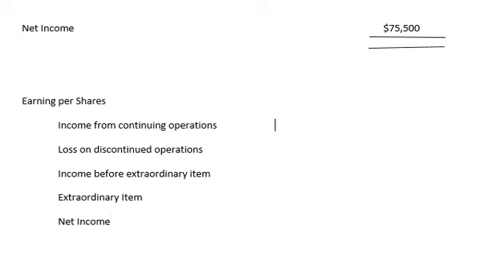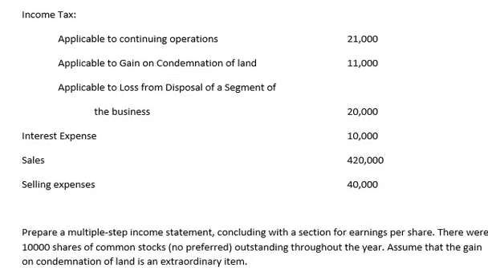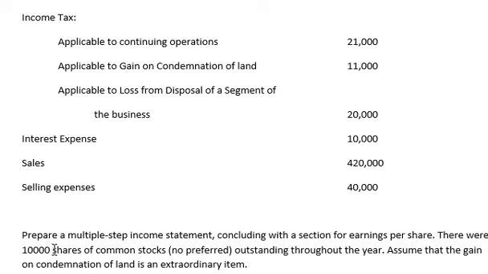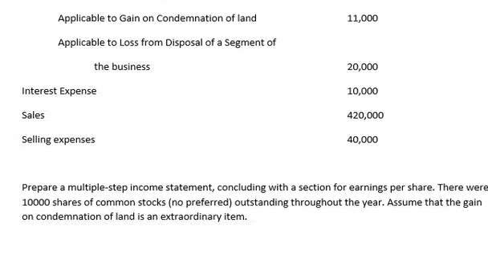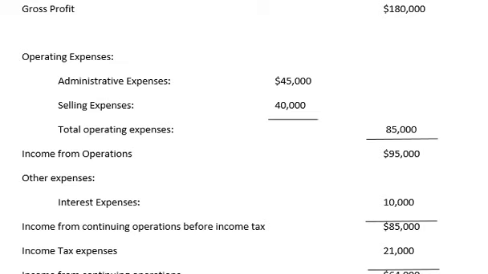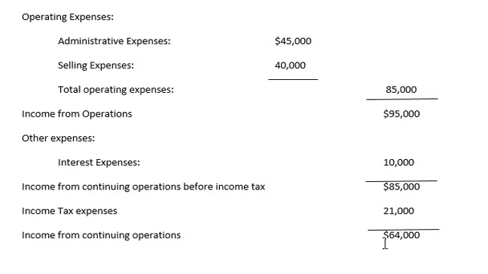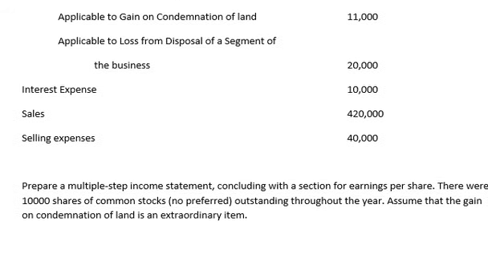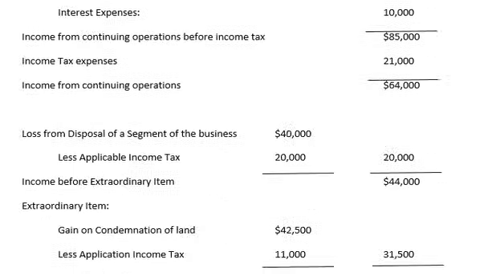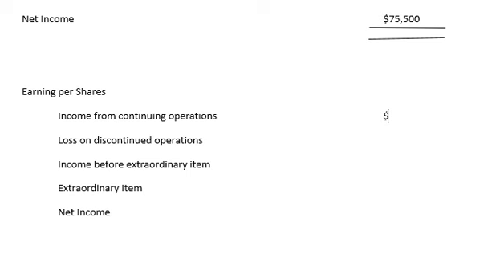About this one, we know that there were 10,000 shares of common stock. For income from continuing operations, we have 64,000, so 64,000 divided by 10,000 gives 6.4.